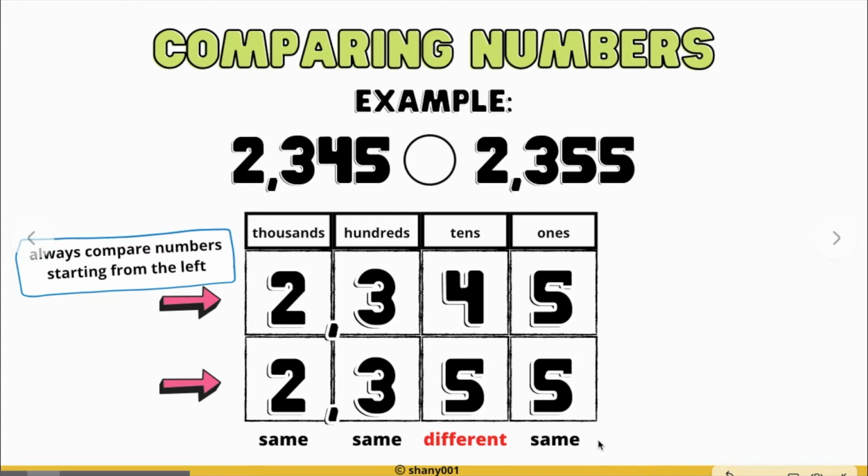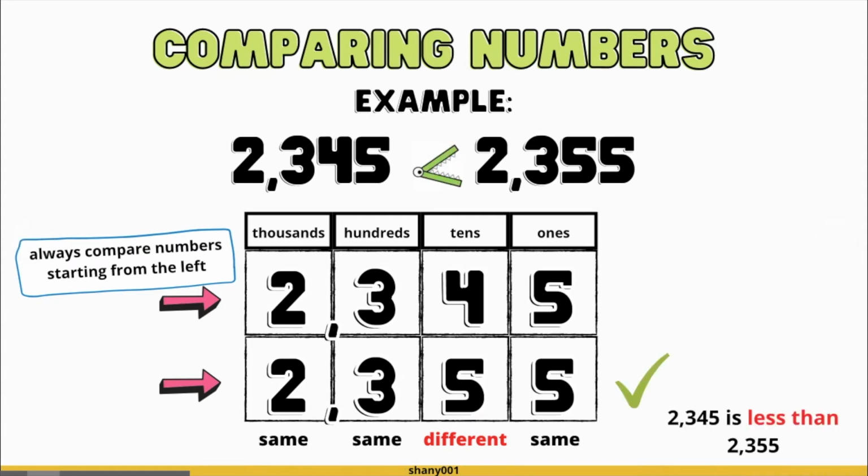What number is different? And which number is bigger? Is the 4 bigger over here, or is the 5 bigger? The 5 is bigger, which means 2,345 is less than 2,355.